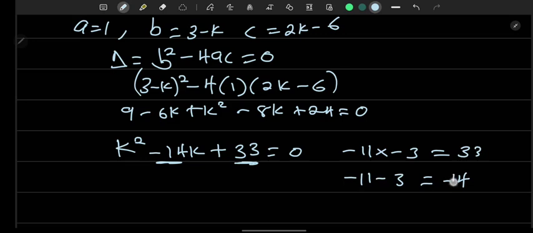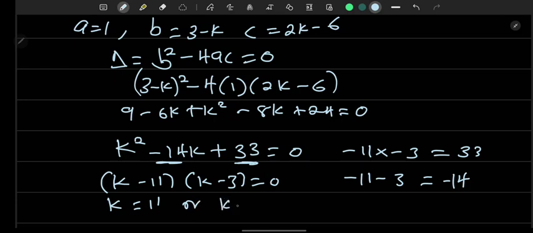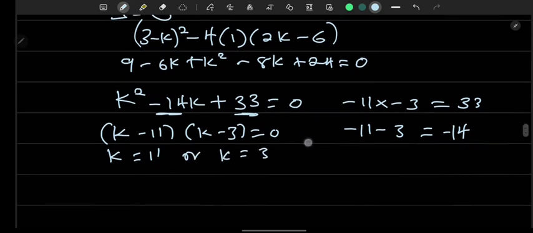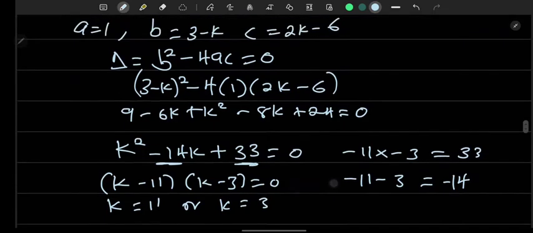So we make use of these two numbers, which are k minus 11 and k minus 3 equals 0. So from here we have k to be 11, or k is equal to 3. So these are the possible values of k for that line to be tangent to the curve.